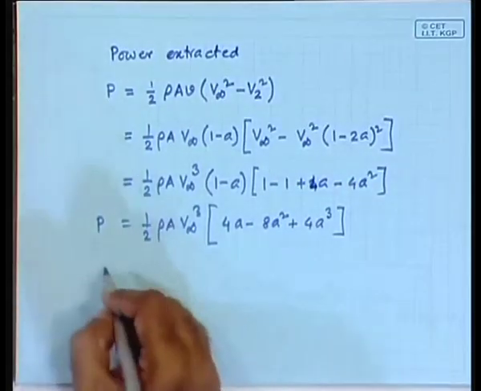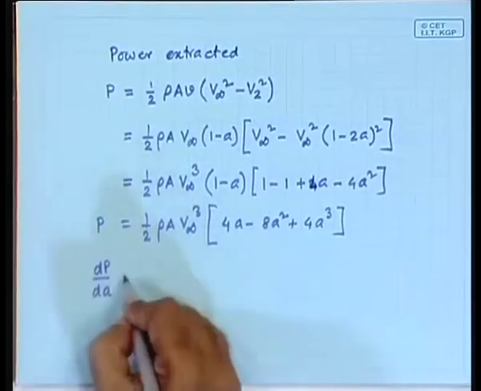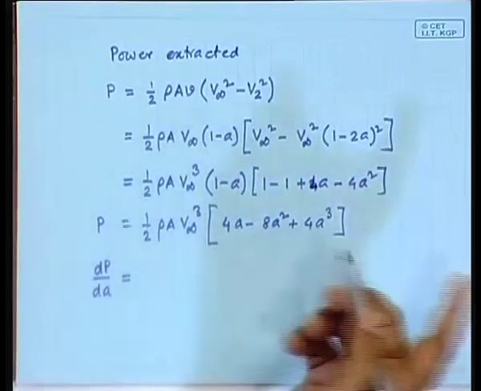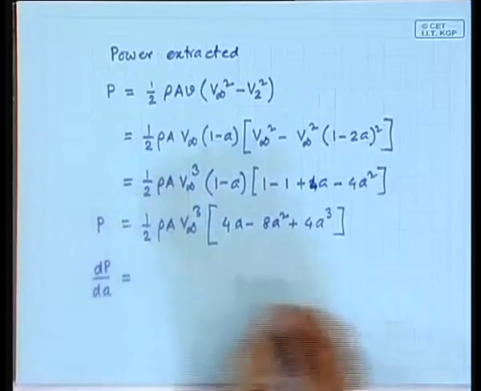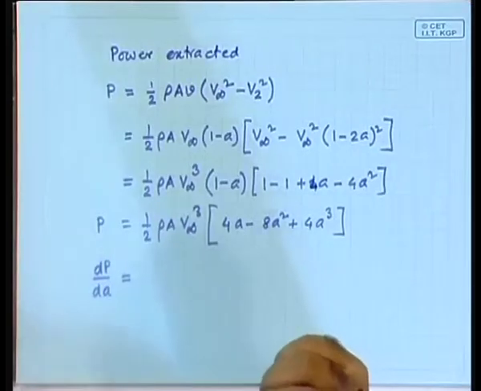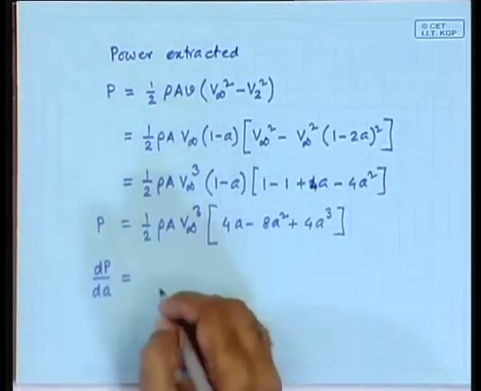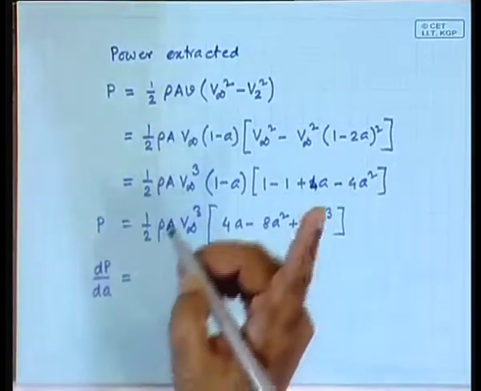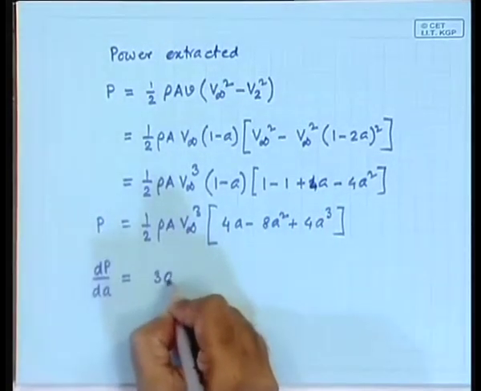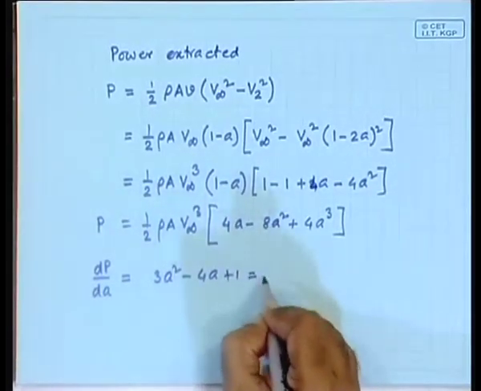So, we have expressed P, and what we want to do? We want to differentiate P with respect to A. What do you drive at? That should be equal to 0. So, what do you get? 3A square minus 4A plus 1 equal to 0.